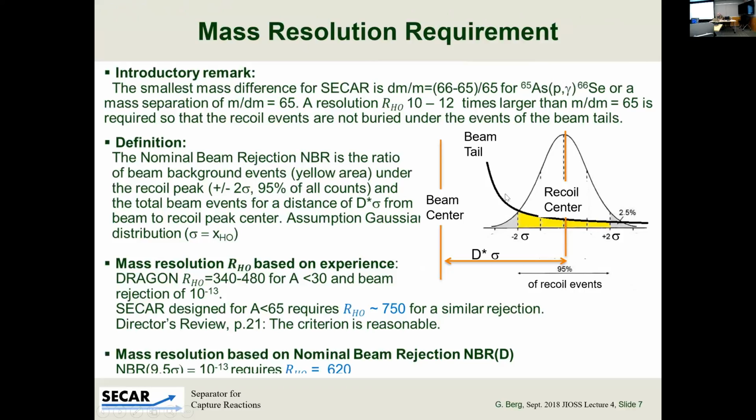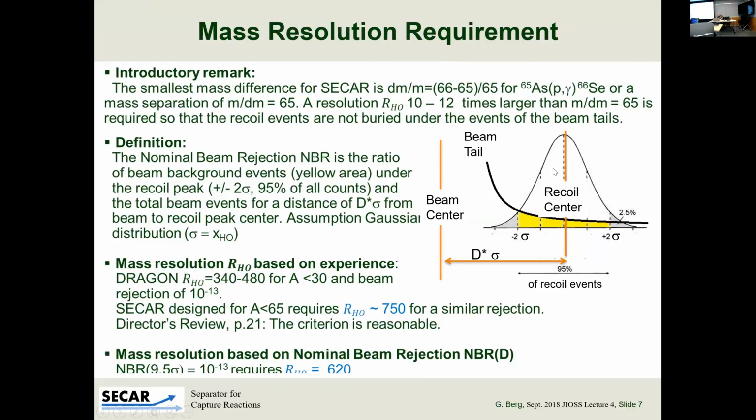But if you make the mass separation only 65, then you don't take into account, as Manuel has already shown and talked about in his talk, you have a huge beam here and you have a very tiny beam here.